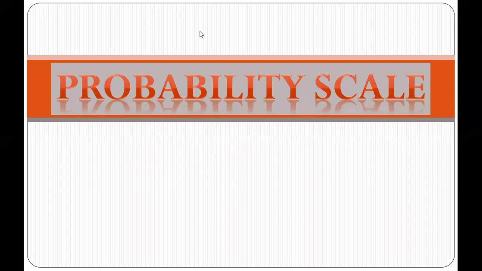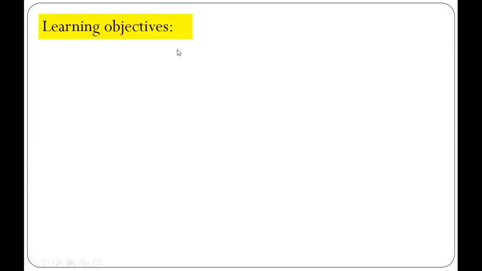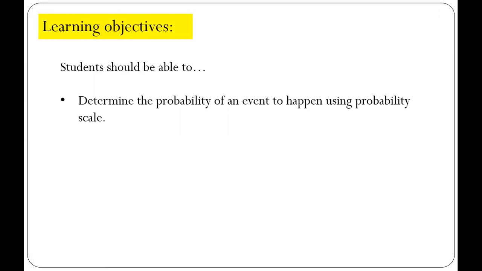So this time, our next lesson is all about the probability scale. What is a probability scale? After this recorded lesson, you should know how to determine the probability of an event to happen using a probability scale.